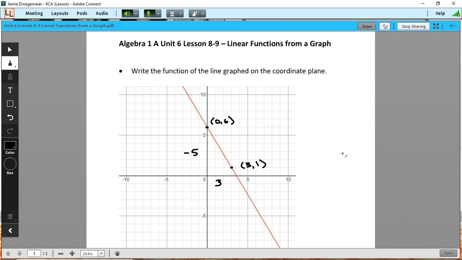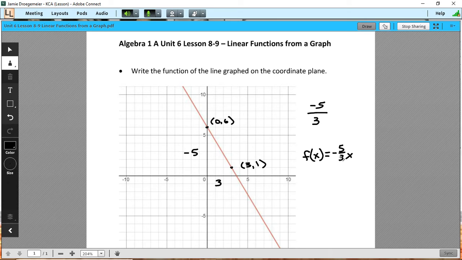Right is positive. So my rise, or my up or down, is my numerator. My run, or my side to side, my horizontal, that is my denominator. So my slope here is negative 5/3. So negative 5/3 is the slope.